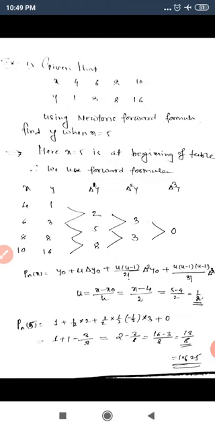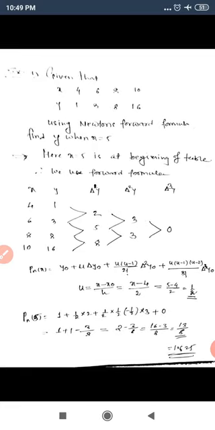Now in this method, first we have to draw the difference table. Then find the value of u. Then write the forward formula and substitute the values. Now here x is equal to 5.